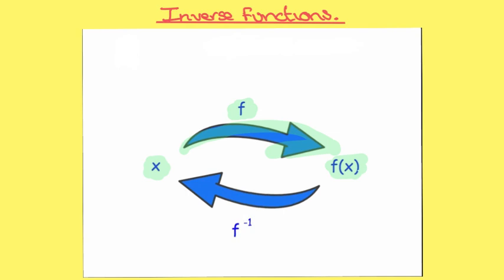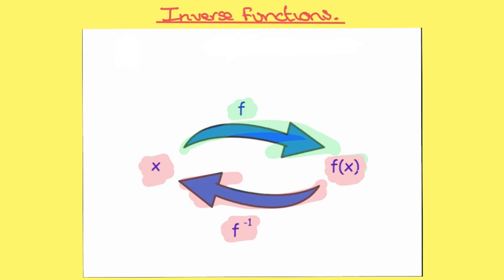If we want to reverse that, we take f of x, put it into our function f to the minus 1 of x, which is our inverse, and what comes out is x, our original input.